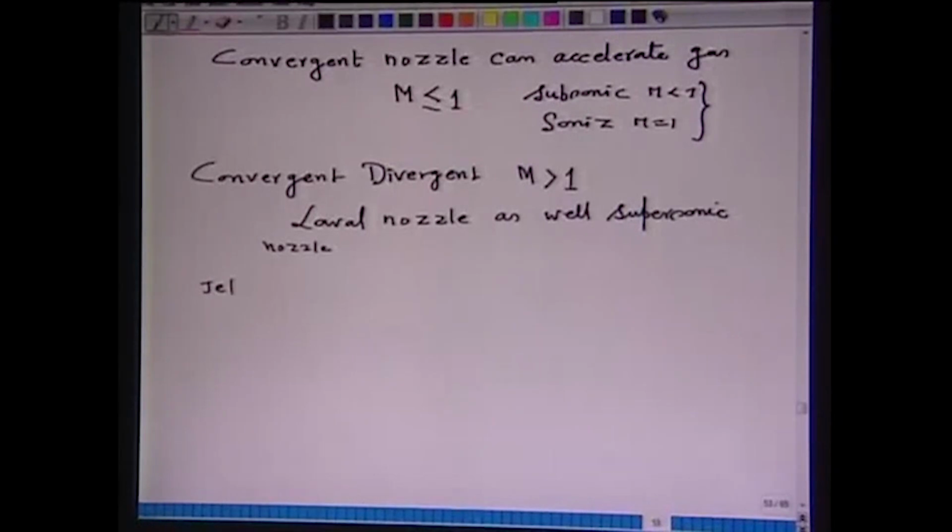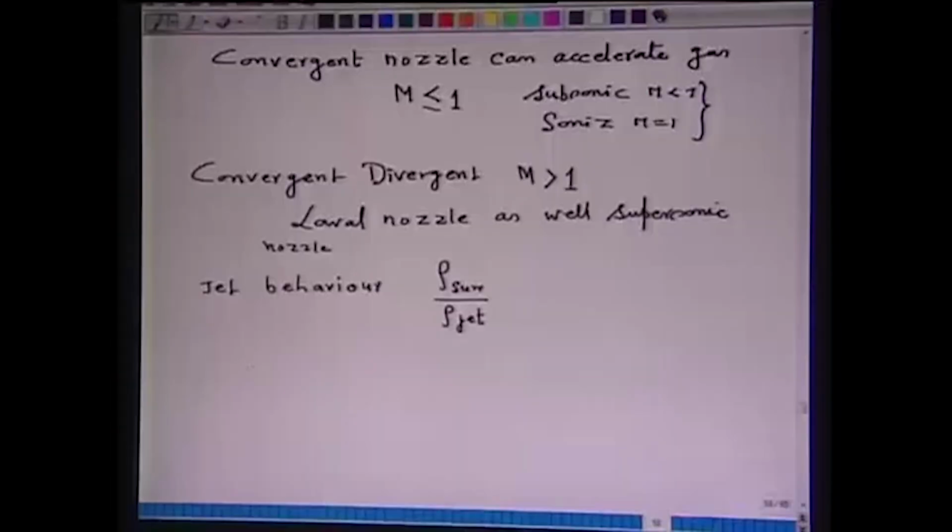In fact, the jet behavior depends upon the density ratio, that is the density of the surrounding upon the density of the jet. A ratio equal to 1 means the density of the jet is that of the surrounding. With that reference, I am now comparing when the ratio is less than 1 or greater than 1.